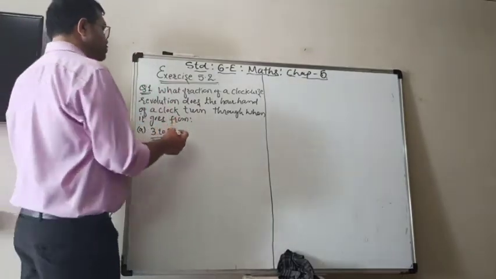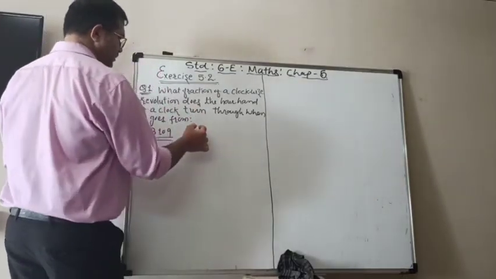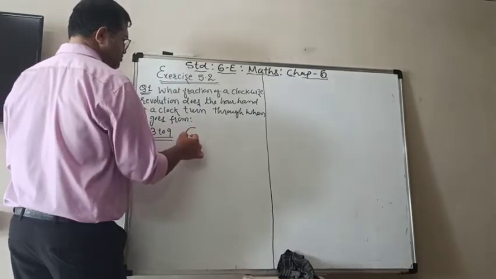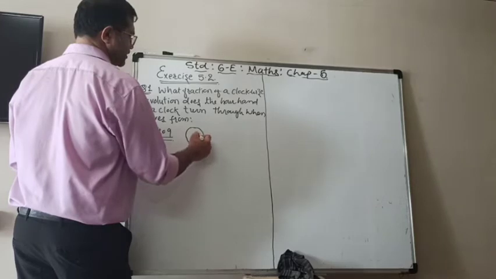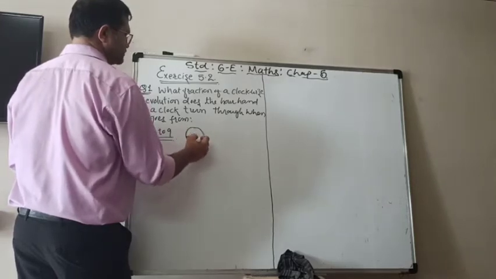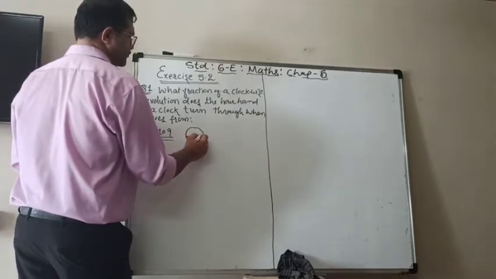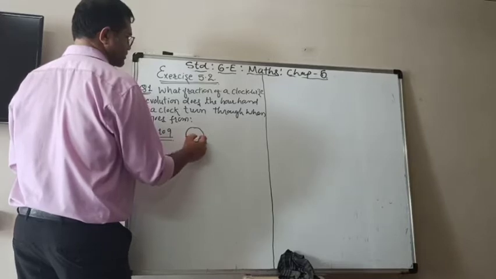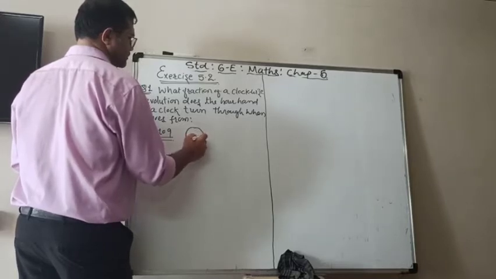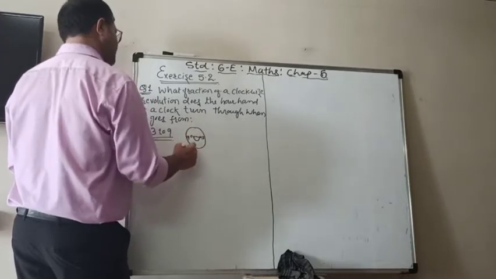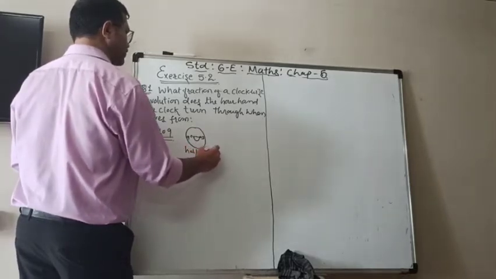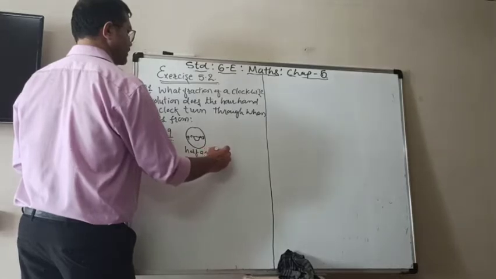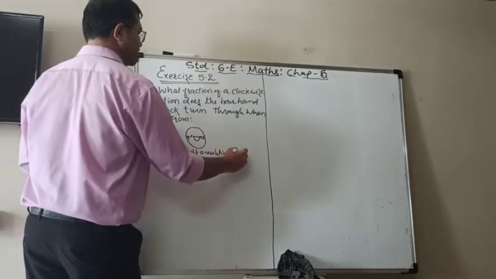First is 3 to 9. Now if you draw a small clock like that, we know that 3 is here and 9 is here. So from 3 to 9, that is half a revolution, and that is equal to 180 degrees.